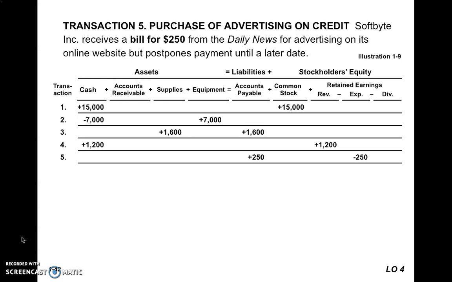Accrual basis accounting is the generally accepted accounting principle we are required to follow, so even if we haven't paid cash for an expense such as this, we still have to record it and show that we have a liability. Cash basis is the opposite. You only record expenses when you pay for them. And we will not follow cash basis in this course.